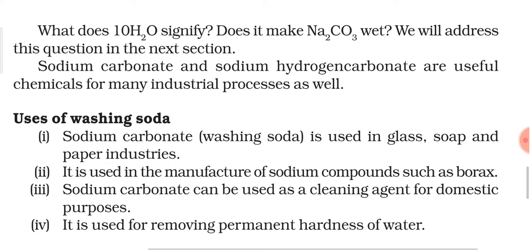As you can see, it has household uses and many industrial uses also. So these are certain compounds: sodium hydroxide, bleaching powder, baking soda, washing soda. These four compounds we discussed. In their preparation, the main raw material which is used is sodium chloride.